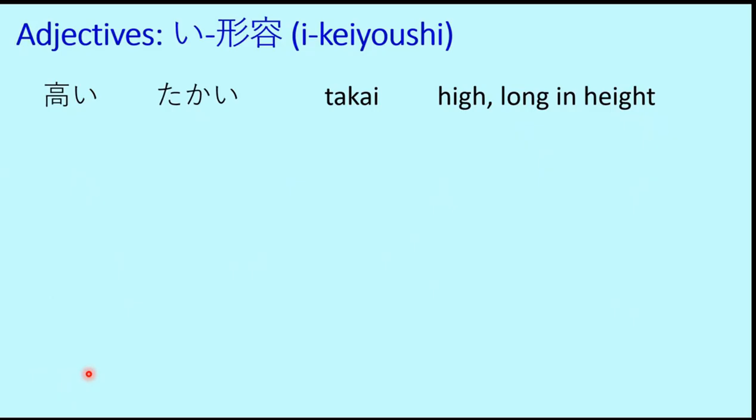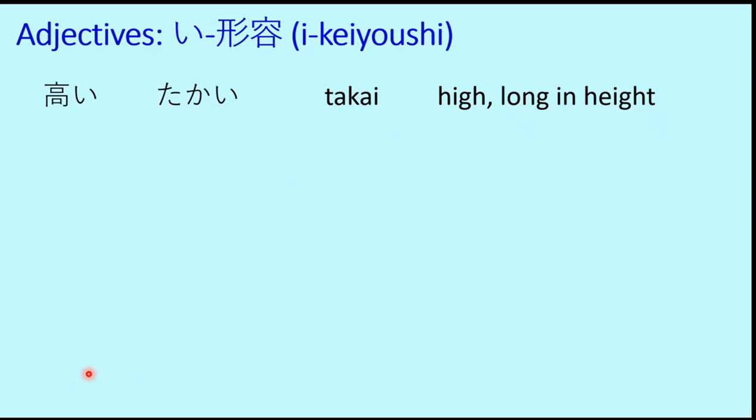Then we move ahead. Takai. Takai means high. For example, some mountain or a building or a tower, the height is high. So this is long in height, that means vertically. Takai represents a vertical height, not the horizontal length.